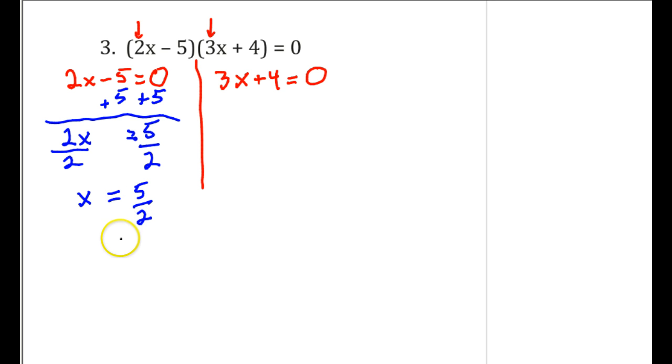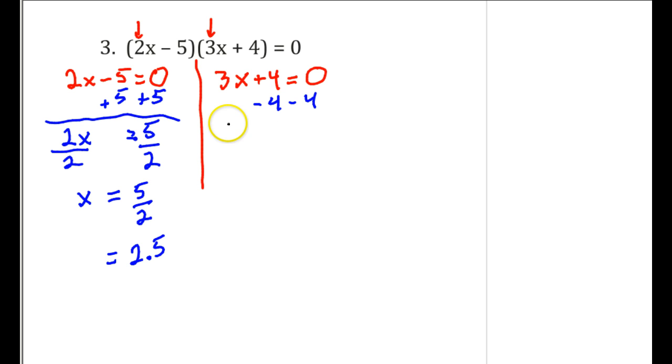A reduced fraction is just fine. That's acceptable. However, when you're sketching or graphing, you need to know where that is on the number line. Most of you would probably do this by changing it to a decimal. So what is 5 over 2 as a decimal? 2.5. Yeah. And then same thing over here.